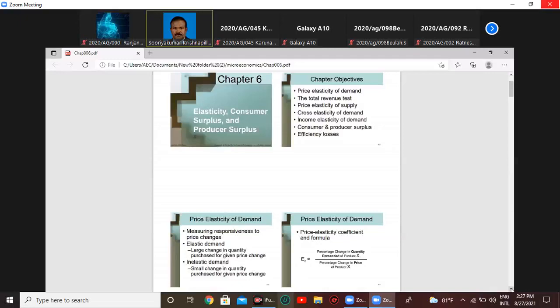So 1 divided by 4.5 times 100 is the percentage for the price change. For the quantity change, 10 to 20 or 20 to 10, the change is 10, but for the denominator we use the midpoint: 10 plus 20 divided by 2, that means 15.